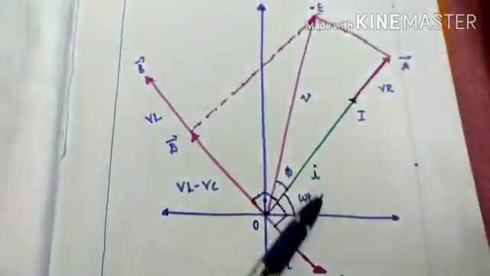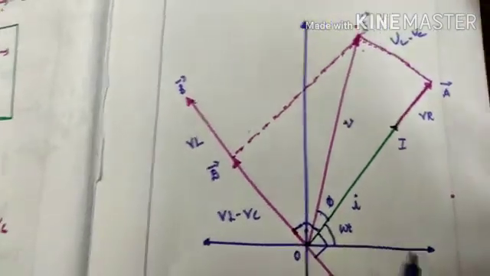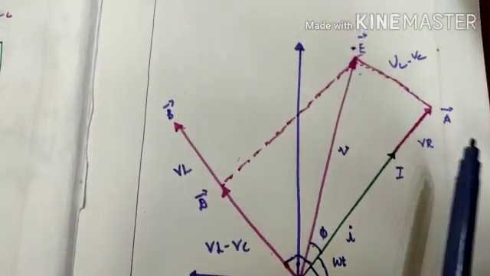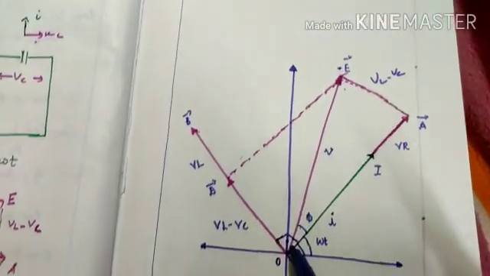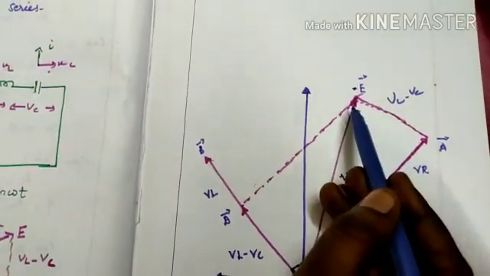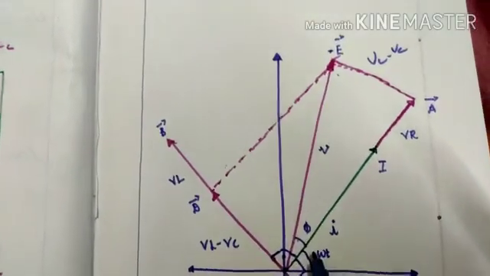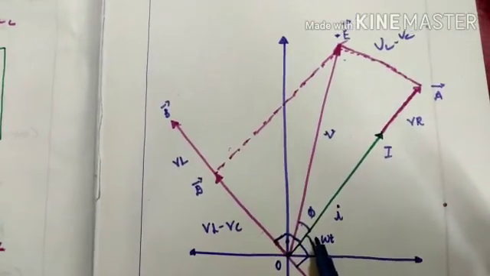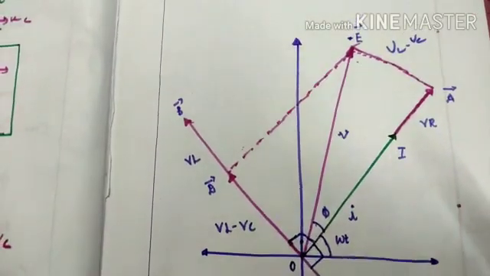Now we have to find the resultant voltage Vm of VR and VL minus VC. By the parallelogram law, the diagonal OE gives the resultant vector, and its length OE is equal to Vm.